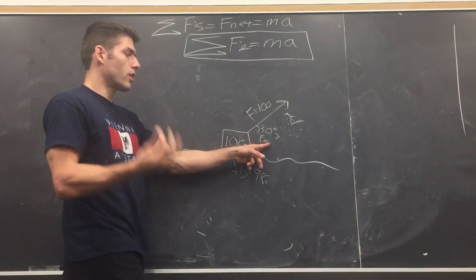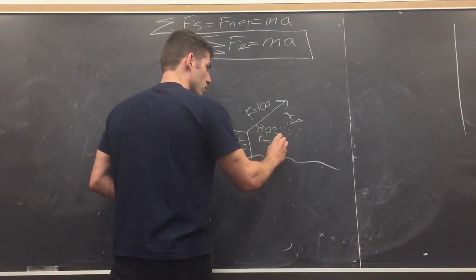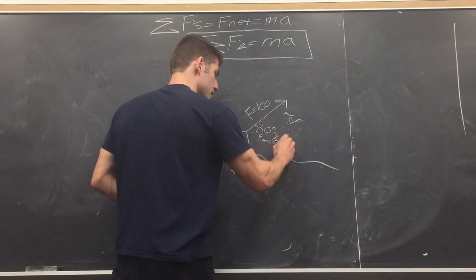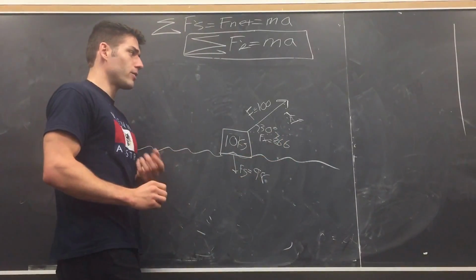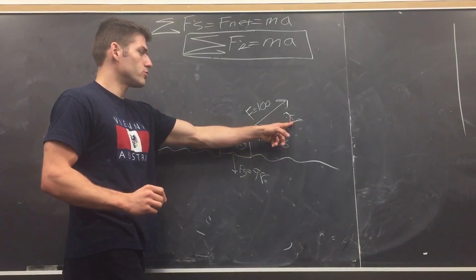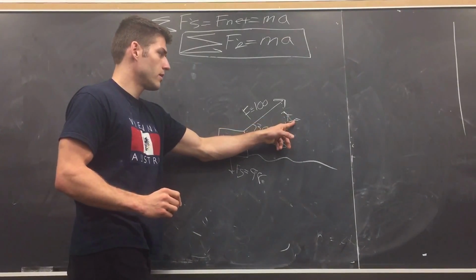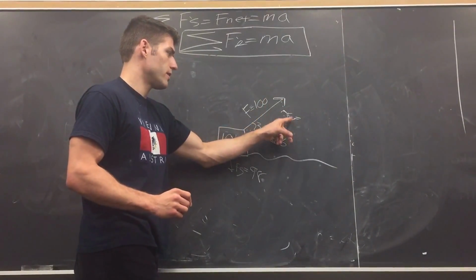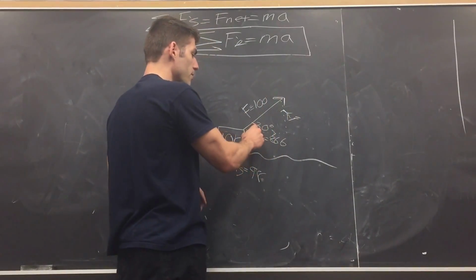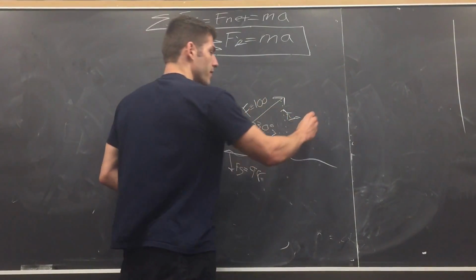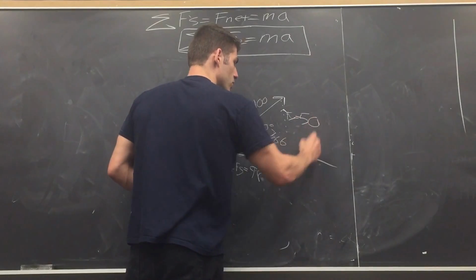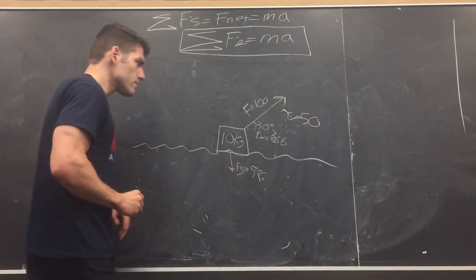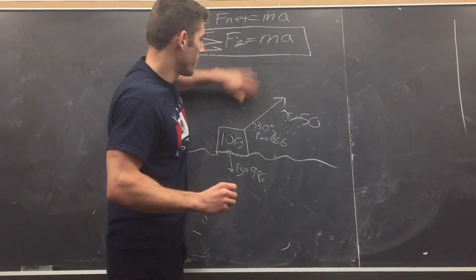Fx is 100 cosine 30, which is equal to 86.6. You'll have your calculator, you'll do that. Fy is equal to 100 sine 30. Sine 30 equals Fy over 100, so 100 sine 30 equals Fy. We should also remember, opposite of 30 is always half the hypotenuse, so it's just 50. 50 newtons going up. So screw that 100, I don't want it anymore.